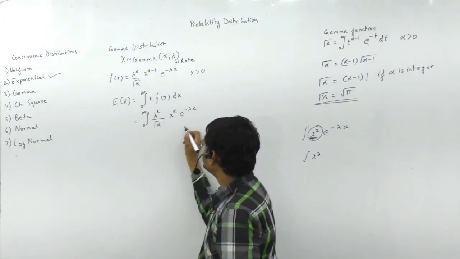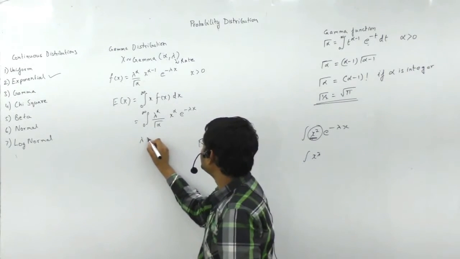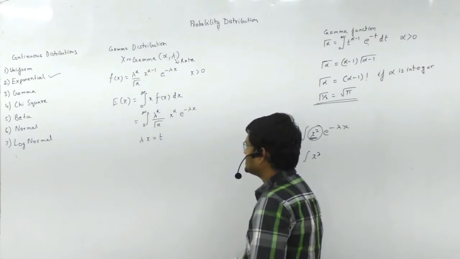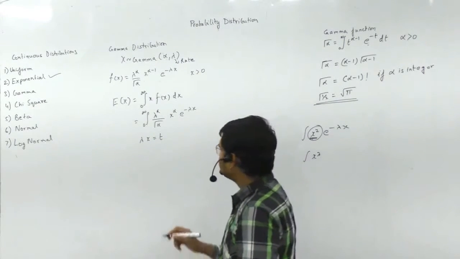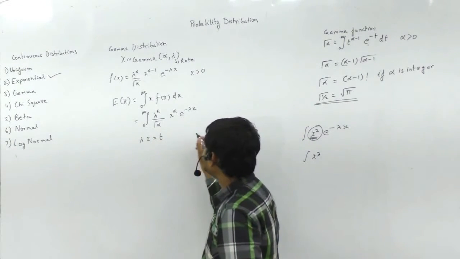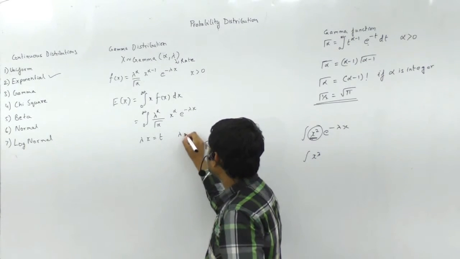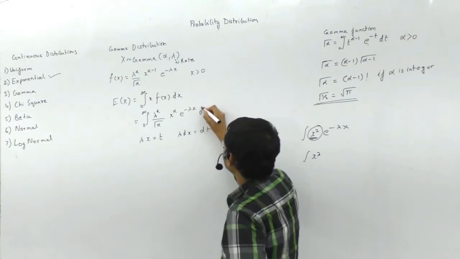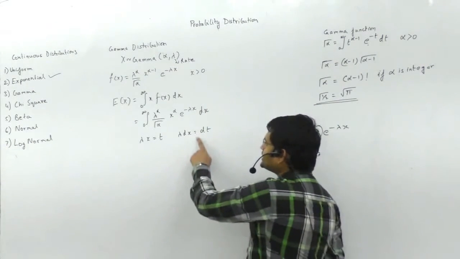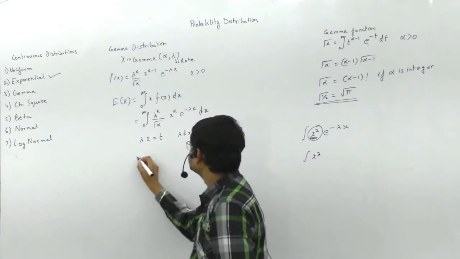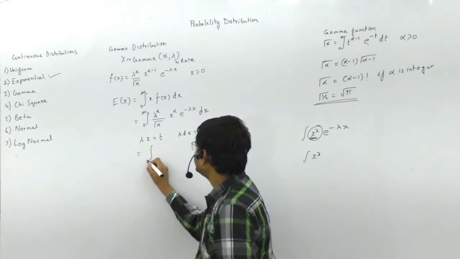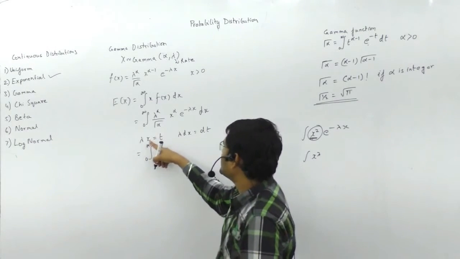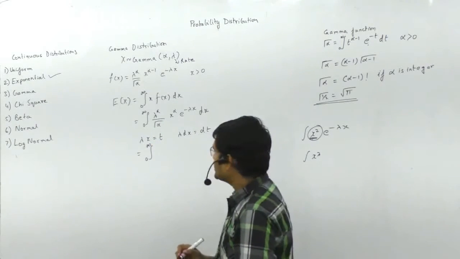Now here what I can do is I can take lambda x as a dummy variable, or you can say another variable t. So lambda x is equal to t. Now if I take lambda x as t, then lambda dx becomes my dt. Here I need dx. So lambda dx becomes my dt, and I'll get integration 0 to infinity, because when I put x equal to 0, t is also 0, and x equal to infinity, t is also infinity.